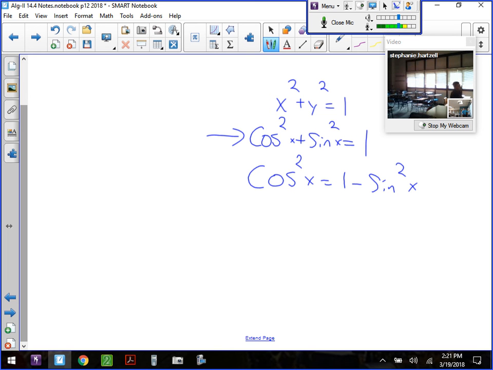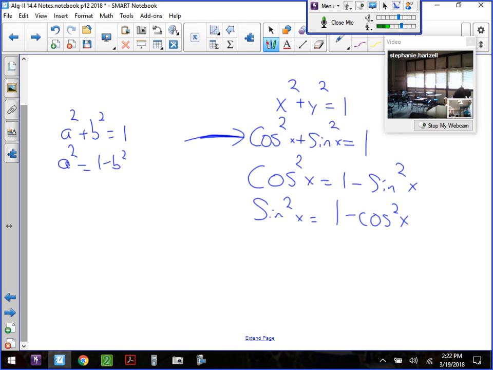Same idea if I wanted to get sine squared by itself, that's 1 minus cosine squared, all by just manipulating that. Same basic idea of a squared plus b squared equals 1. If I want to write it in terms of a squared, a squared is 1 minus b squared, and so on and so on. Okay with that?